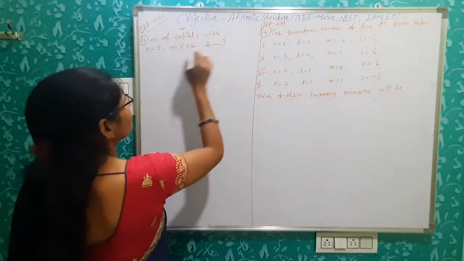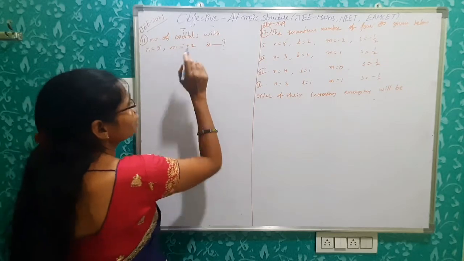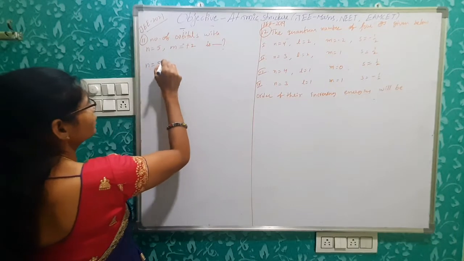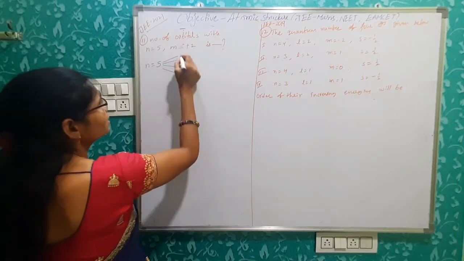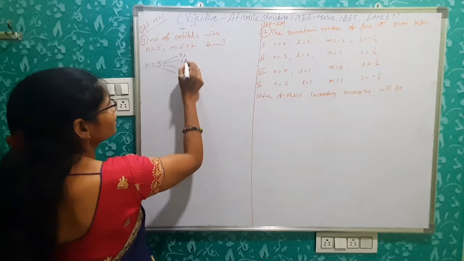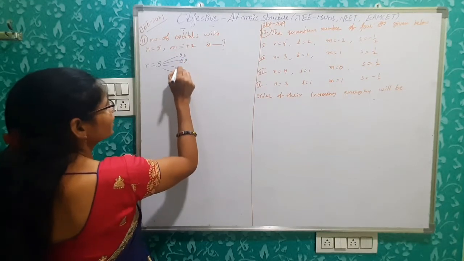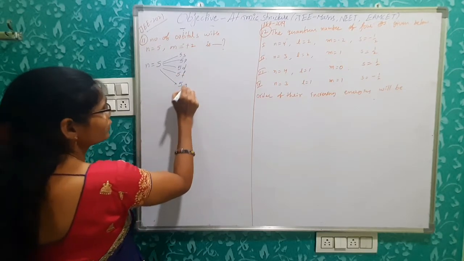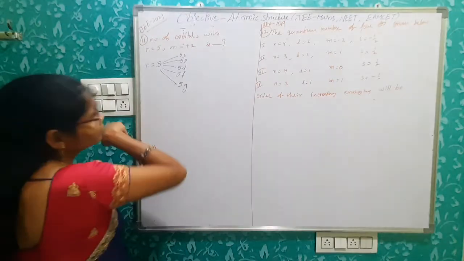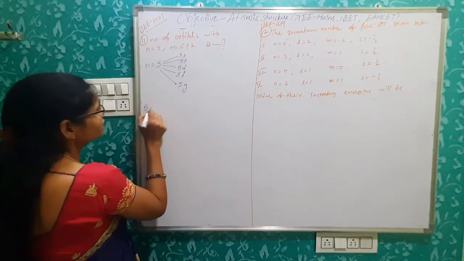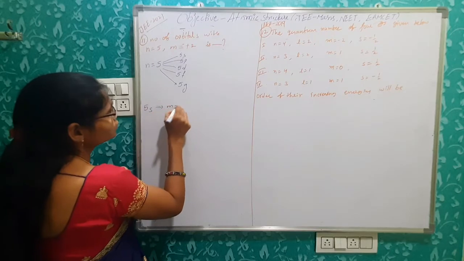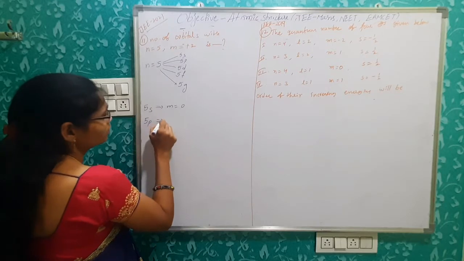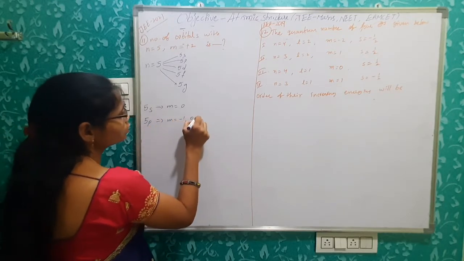Number of orbitals with n equals 5, m equals plus 2. Listen to me. N equals 5 means how many possible orbitals? 5s orbital, 5p orbital, 5d orbital, 5f orbital, and 5g is also possible. For the 5s orbital, m equals 0. For the 5p orbital, m equals minus 1, 0, plus 1.